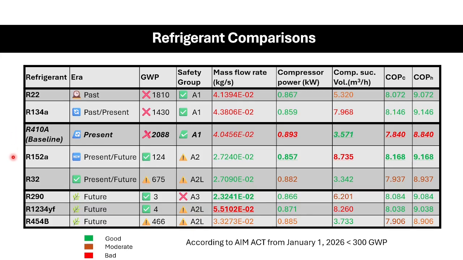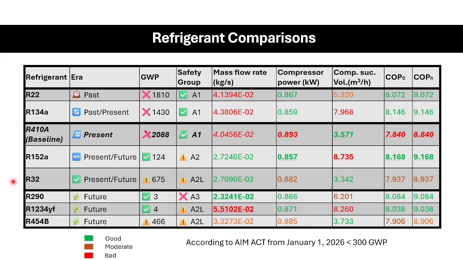Then comes R152A. R152A has a low GWP value of 124 and it is A2 category flammable. It has a low mass flow rate, lowest power consumption and highest volumetric flow rate, but also it has the highest COP values. So its compressor size also will be the biggest, but all features are in favor of this refrigerant.